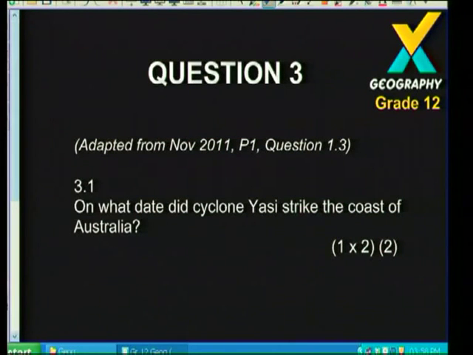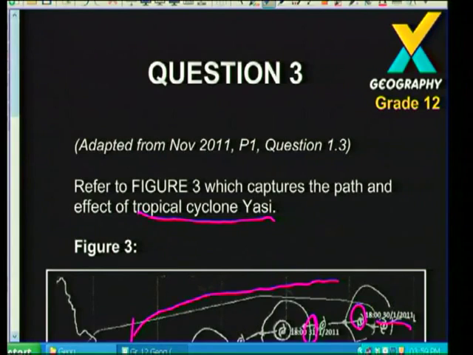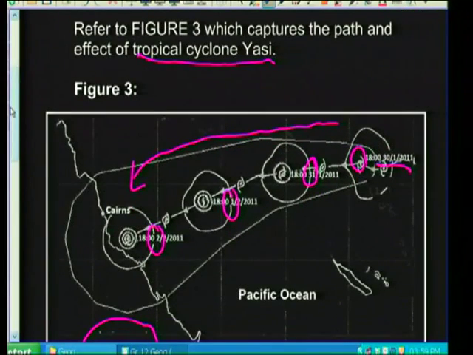Okay, the first question. On what date did Cyclone Yasi strike the coast of Australia? When we did an analysis of this question, we found people just looked at where the tropical cyclone was at first, and they gave us this date, the 30th of January 2011.